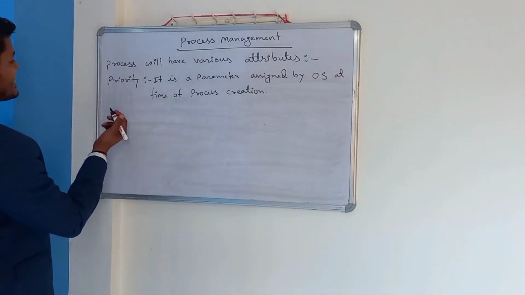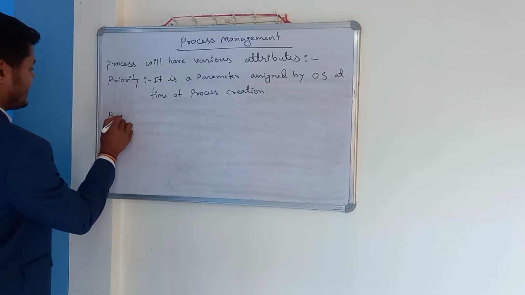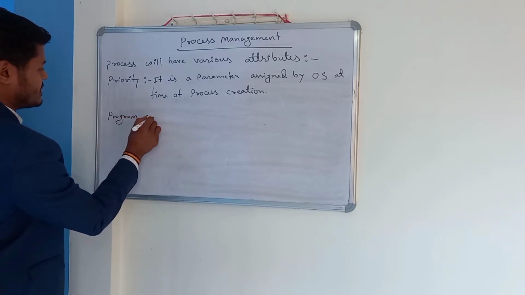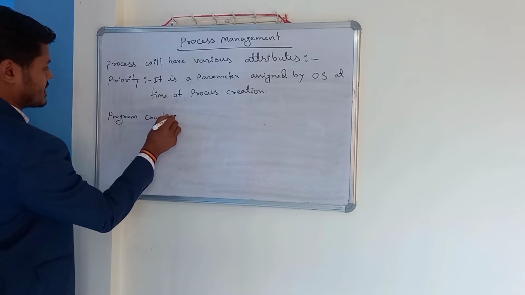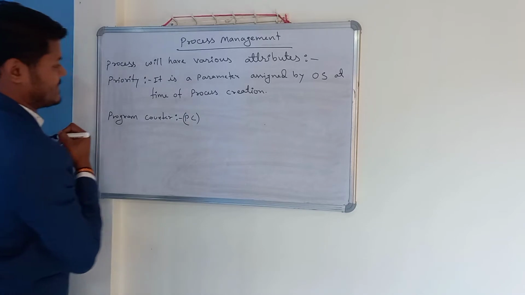Okay, fine. Next attribute is program counter, in short PC.